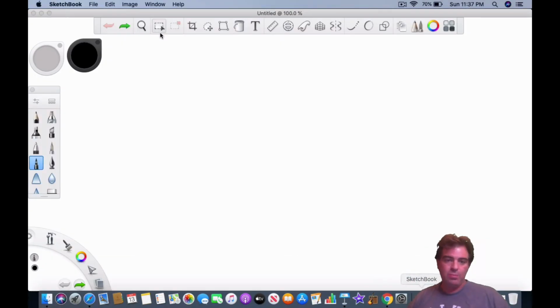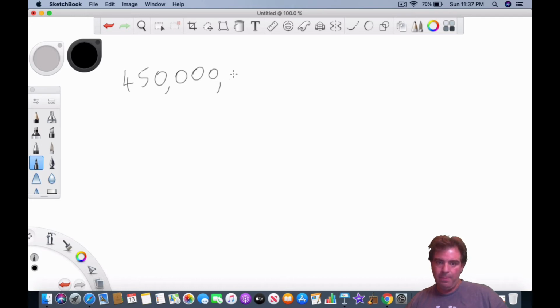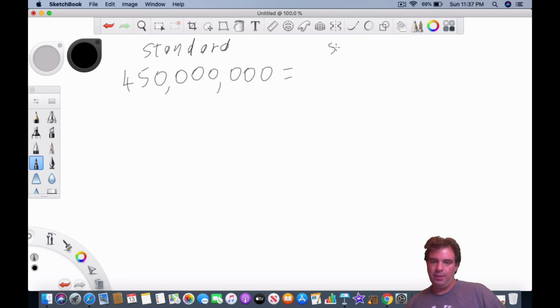So we go to a sketchpad right over here, and let's say we have to convert the following number, 450 million, from standard notation into scientific.